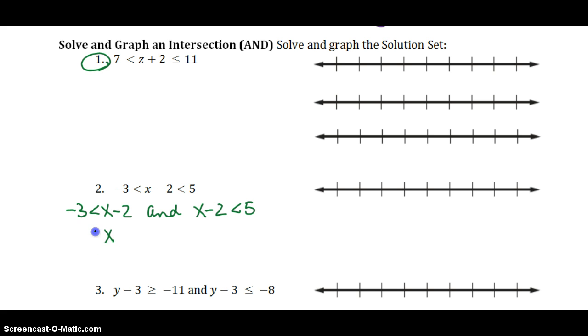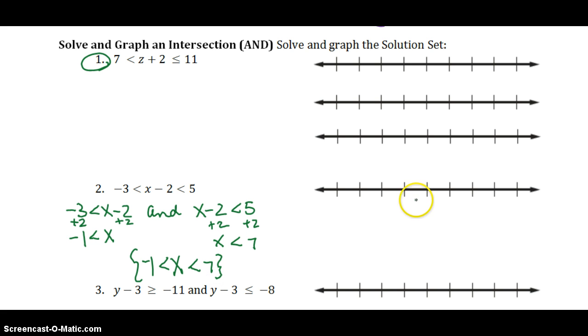So x is greater than, I'll add 2, and I get -1. And here, when I add 2 to both sides, x is less than 7. So the solution set is x greater than -1 and less than 7.